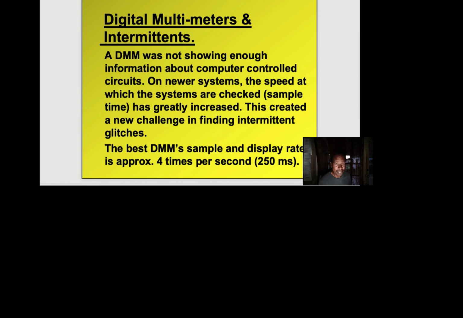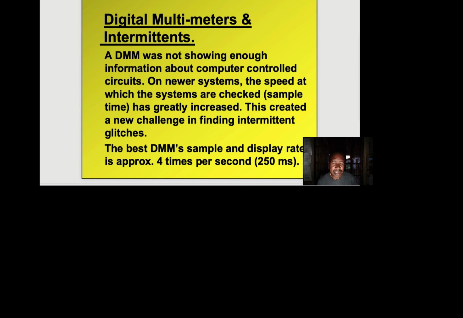All right, digital multimeters and intermediate problems. It says here, a digital multimeter was not showing enough information about computer control circuits. On a newer system, the speed at which the systems are checked, the sample time, has greatly increased.